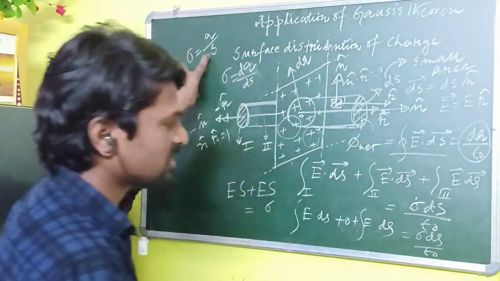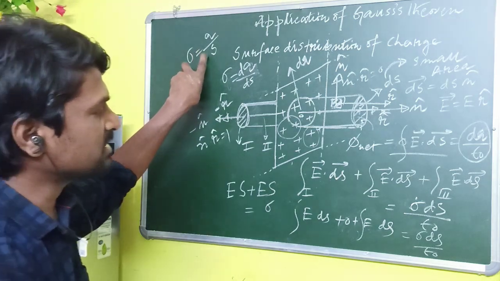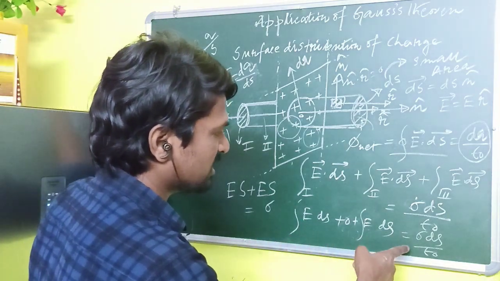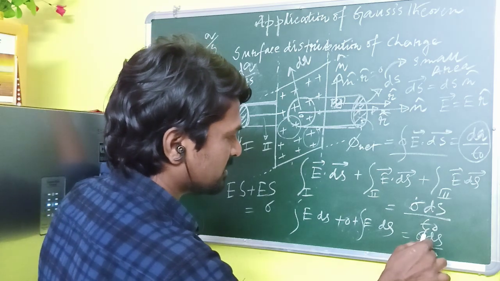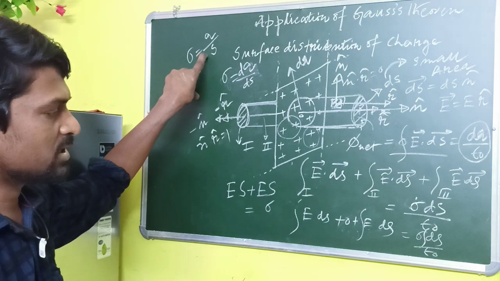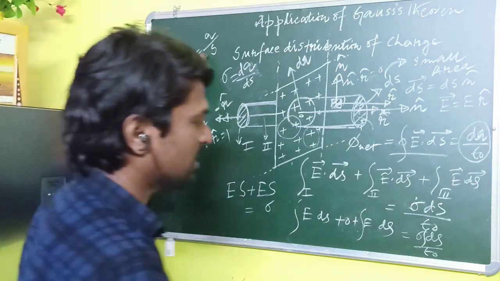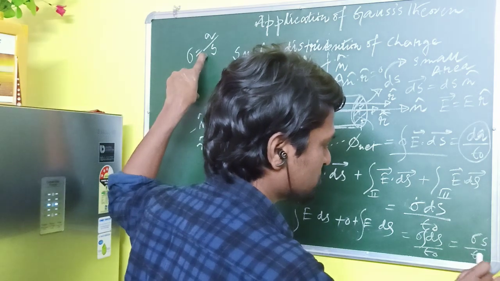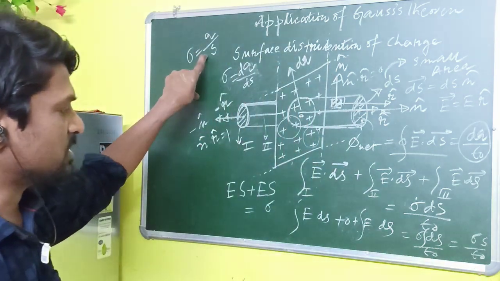So sigma S means total charge, and if we take all the integration, you have to take it over the total surface area. So we can write sigma by epsilon naught.